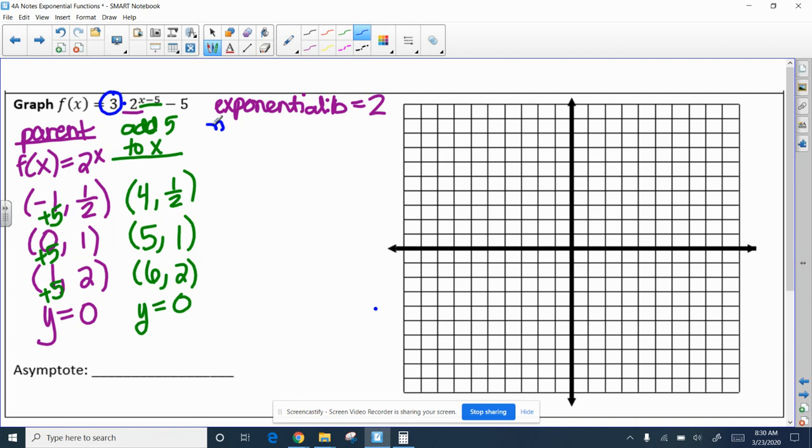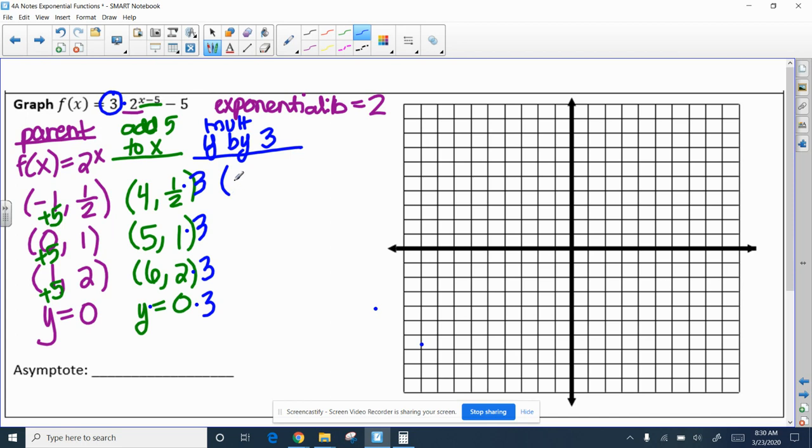So we're going to multiply y values by 3. Now, since it's y values, I do have to do the asymptote as well, because that is a y equals. This is going to be affected by the y values.